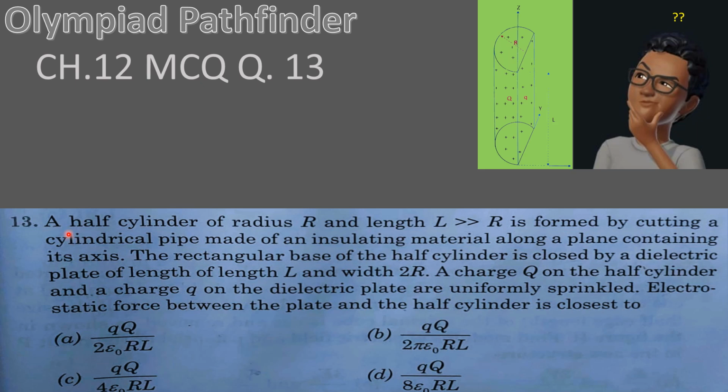The question is: a half cylinder of radius r and length L, which is much greater than r, is formed by cutting a cylindrical pipe made of an insulating material along a plane containing its axis.